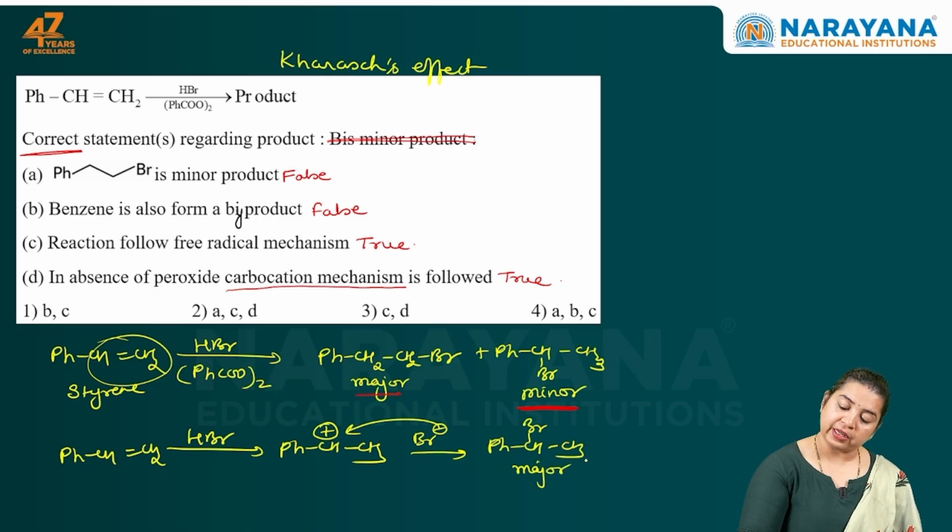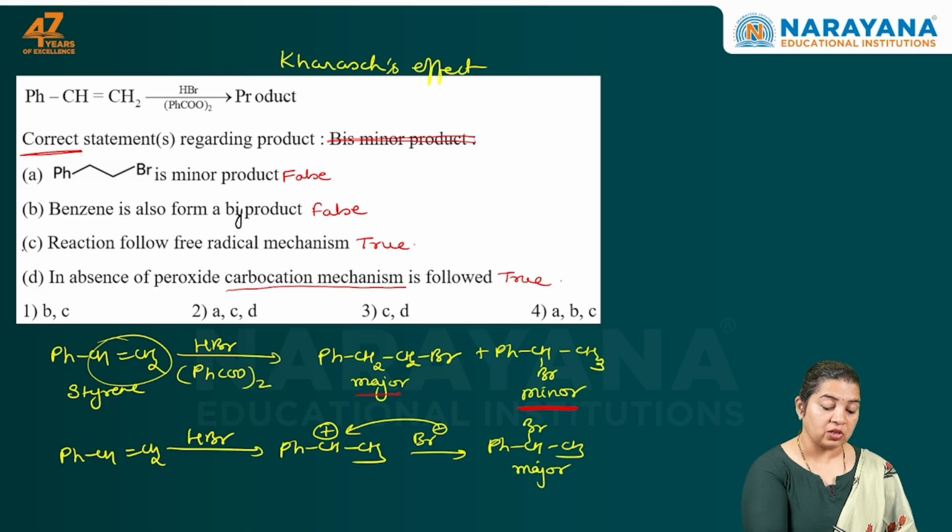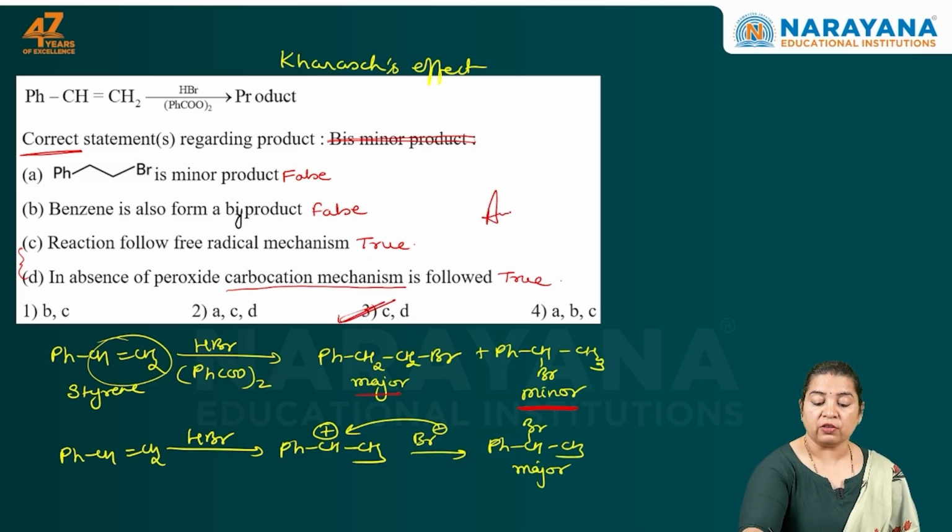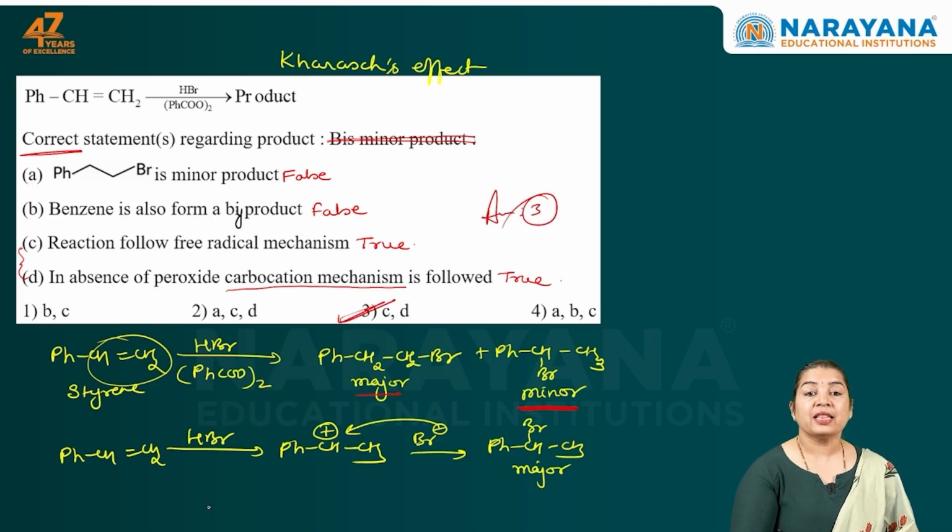And a minor anti-Markovnikov product could have been formed. So, searching for the best combination, C and D. The answer for this question is the third.